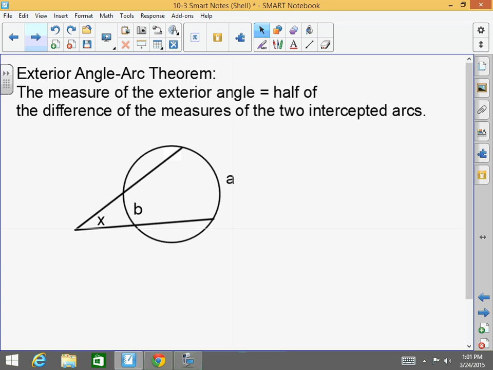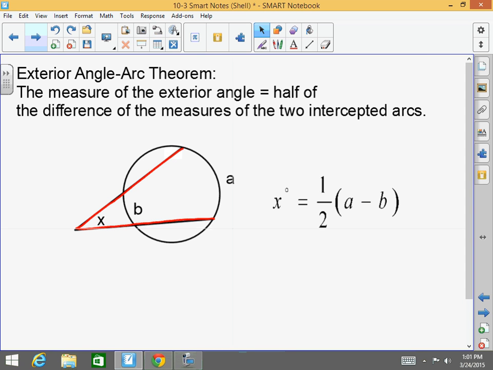Exterior angle arc theorem. An exterior angle occurs, as you see, when an angle is on the outside or exterior of the circle. In this particular case, the measure of the exterior angle equals half of the difference of the measures of the two intercepted arcs.